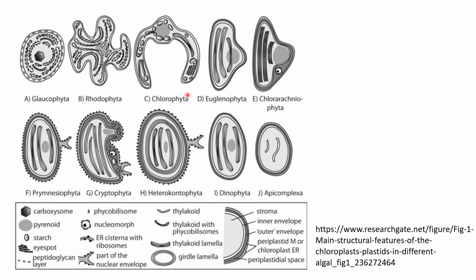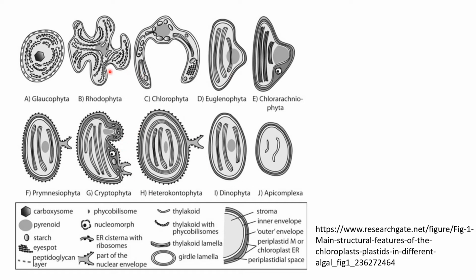Okay, and yeah, marami tayong different kind of chloroplasts. We have chlorophyta, of course, color green, and ganito yung chloroplast ng chlorophyta. Then ito naman yung plastid ng rhodophyta or red algae. Ito yung sa euglena, ganito yung plastid niya, and so on.